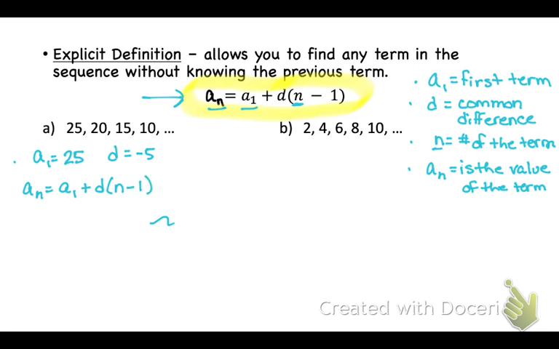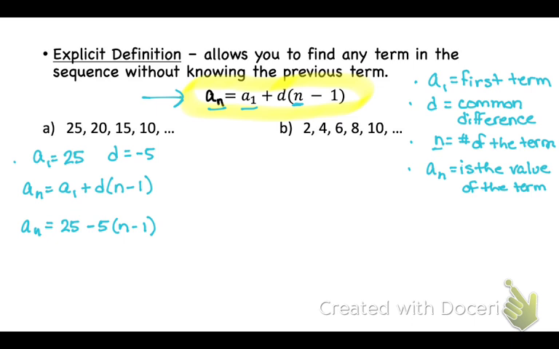So A sub N is going to stay A sub N because we need an X and a Y, don't we? Okay, so I have A sub N equals, what's A sub 1? 25 plus, what's D? -5. Ooh, then I don't want plus. Just put minus 5. And then N minus 1.